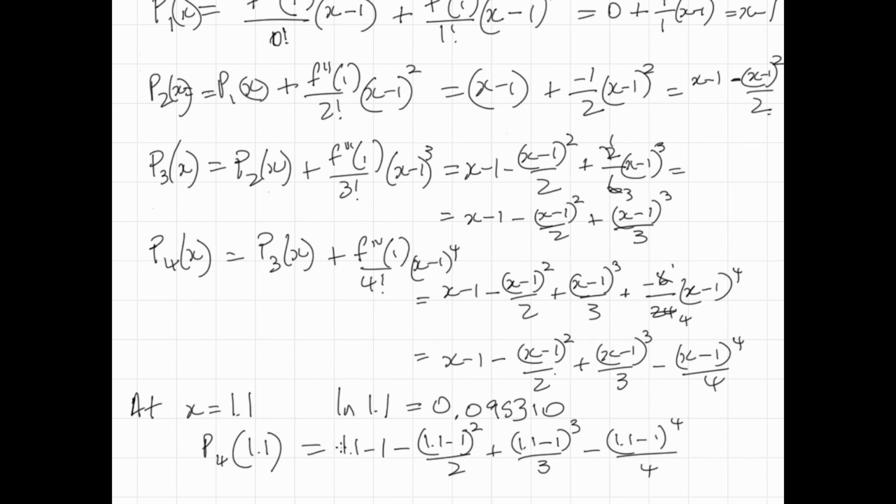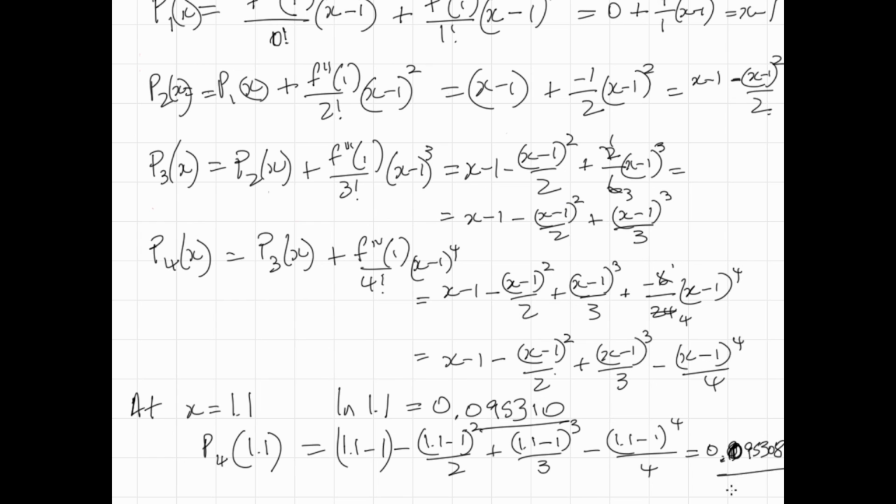So these brackets, even if you did that as a bracket, it would be all 0.1. So this is 0.1 squared, 0.1 cubed, etc. And you get that value is equal to 0.095308.